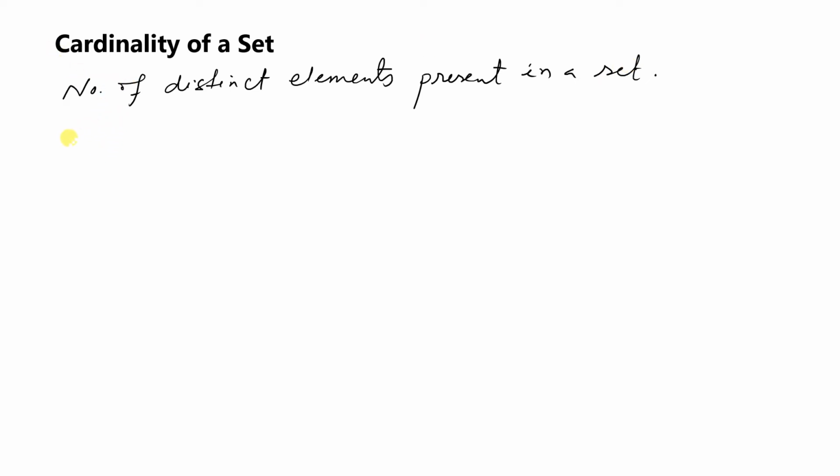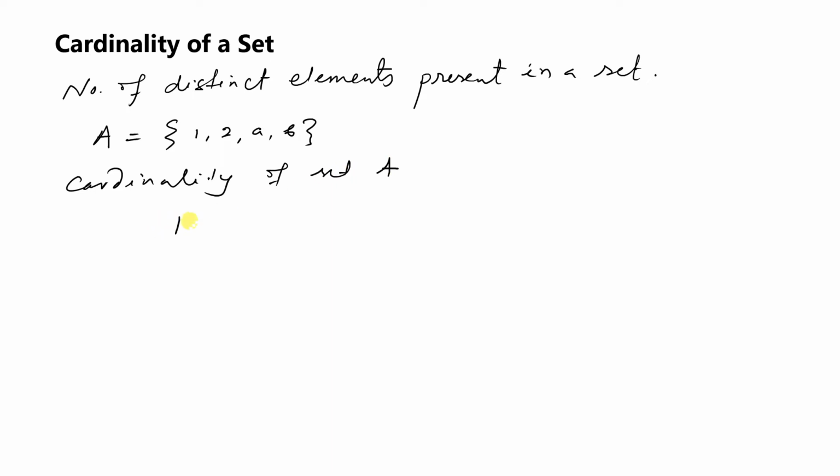Let's suppose A is a set having some elements, then the cardinality of set A is represented like this. You have to use the bar symbol. So what is the cardinality of A?